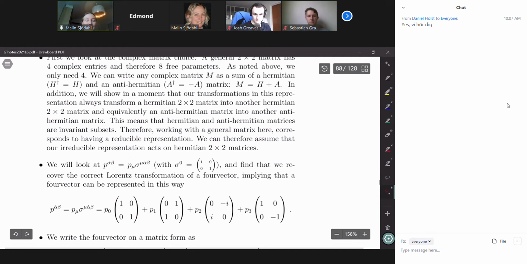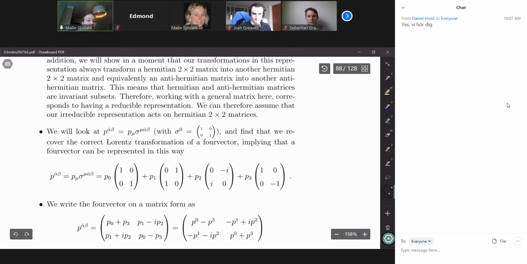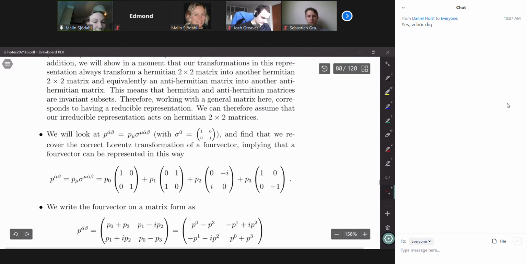My tongue slipped here, and I called this a four-momentum. Indeed, it can be a four-momentum, but in fact, it can be any four-vector. As we will see, there is a reason for calling it p as in four-momentum, but we can think of it as a general four-vector. The logic will be exactly the same. Okay, so we take this general four-vector and we contract it with sigma mu to form this object p alpha dot beta.